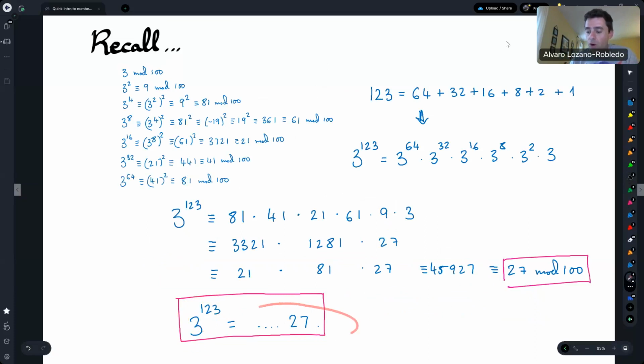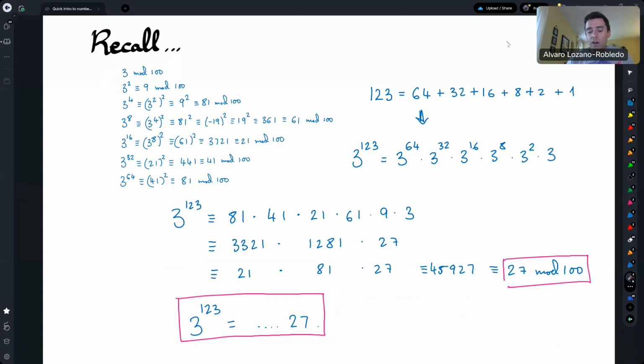If you just want to know what it is modulo 100, because you want the last two digits, we used the power of congruences to compute higher and higher powers, and then used the binary expansion of 123 to compute that modulo 100.